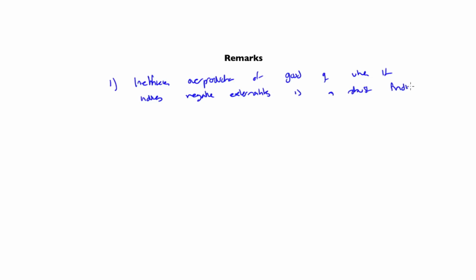But I want to emphasize that the finding that there is inefficient overproduction of a good Q when it induces negative externalities is a robust finding. You can extend the model in many other ways, as you will see in the problem sets, and you will always have that Q star, the Q of the market, is greater than the optimal amount.